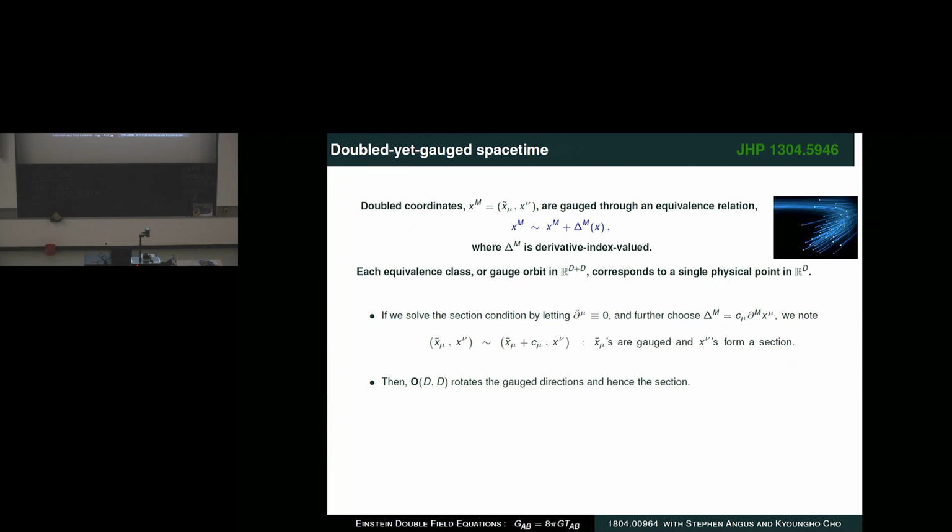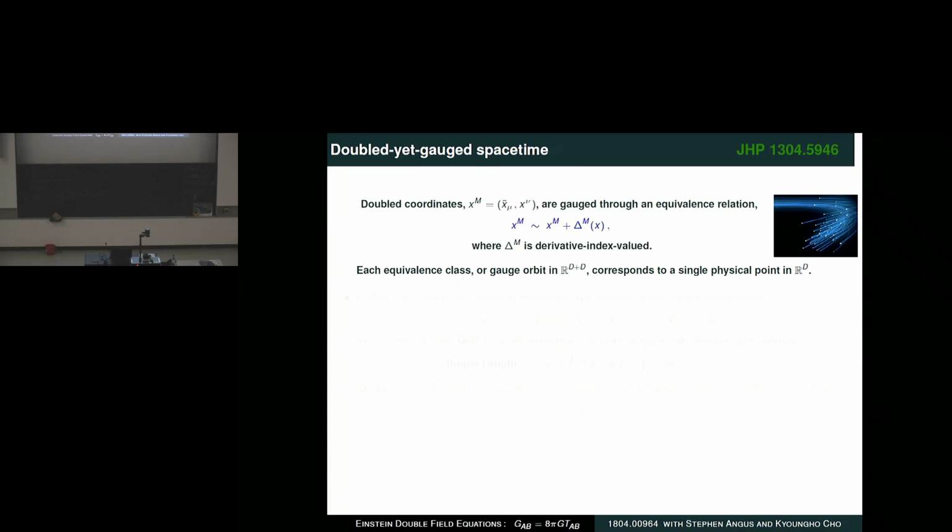If we solve the section condition by letting all the fields be independent of the tilde coordinates, then you can easily show that indeed the tilde coordinates are gauged, but the untilded coordinates remain as the physical coordinates. Then the O(D,D) rotates the gauge direction, and hence the section is also rotated.